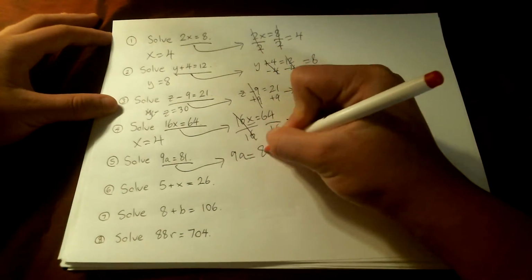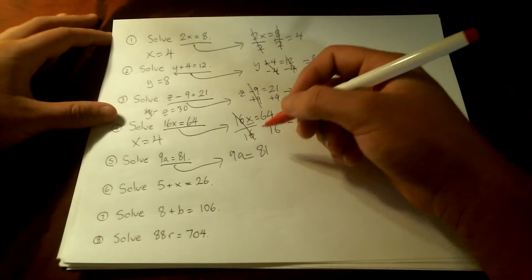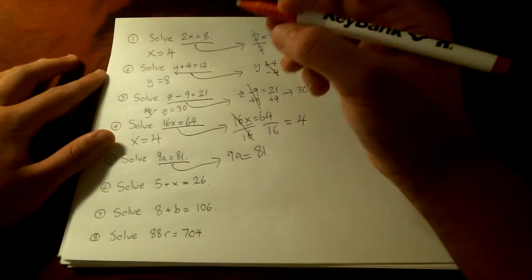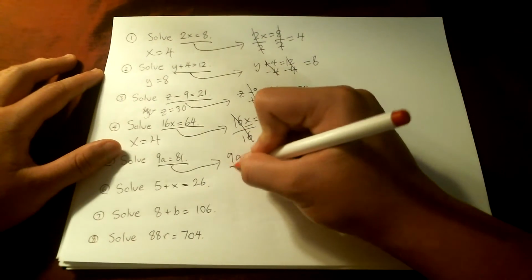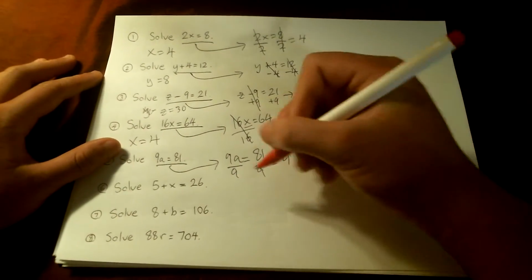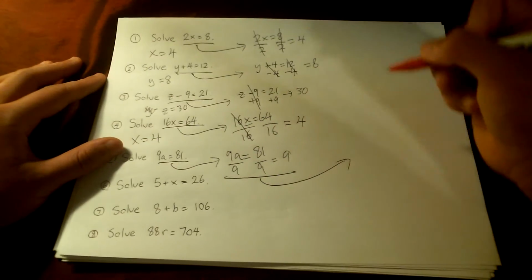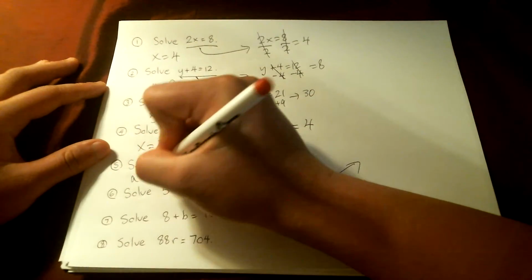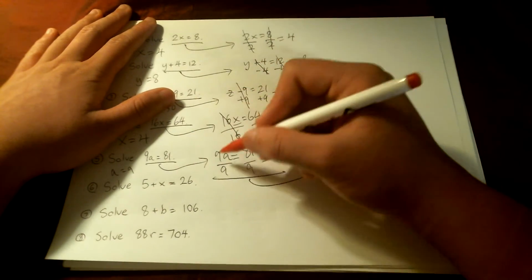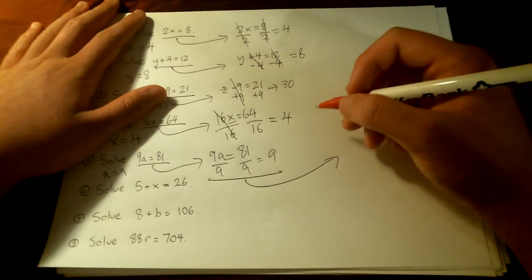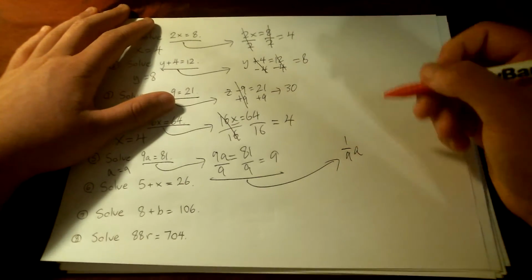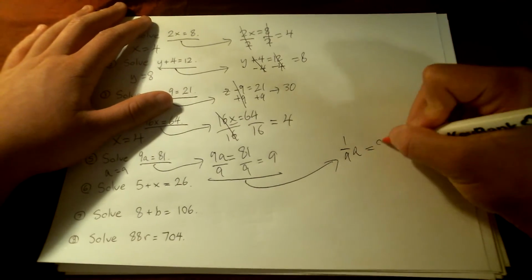All right, so this fifth one asks for 9a equals 81. So this one we can divide both sides by 9. This one would equal 9. So let's try something else with this one. In this case, if 9 got exchanged with 1/9 a, we would have to approach this differently.